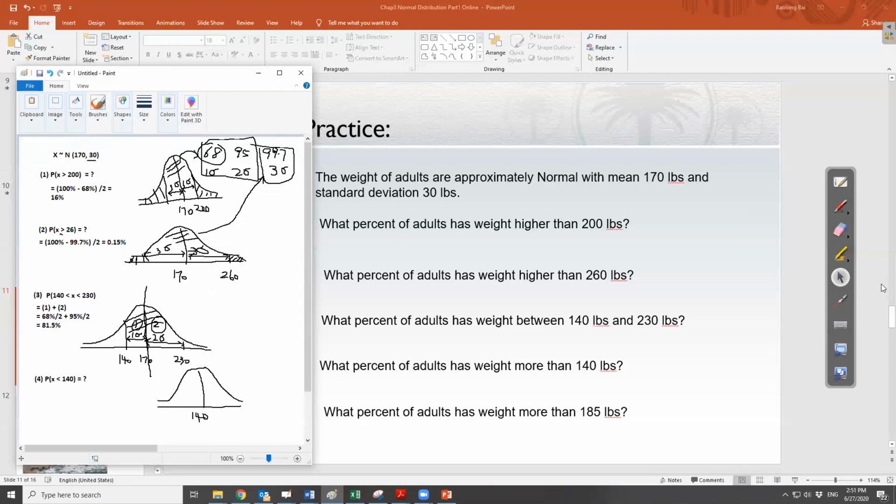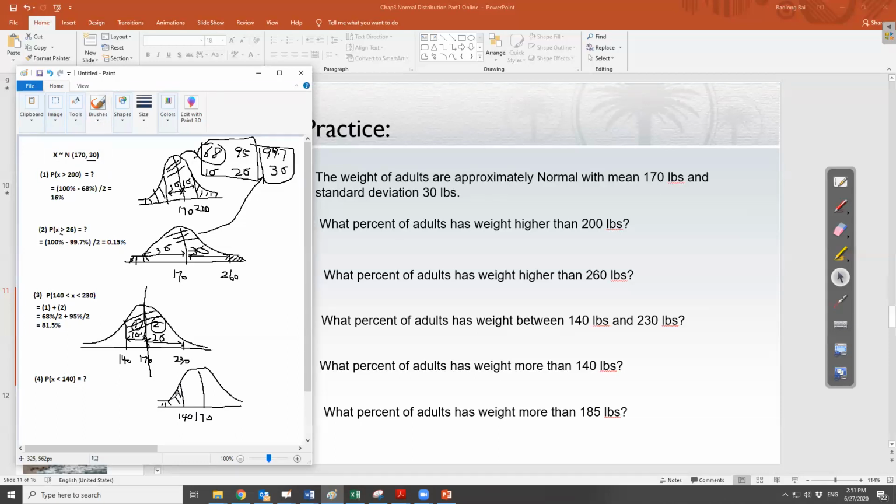This is supposed to be 170 for the center, not 140. So the population mean is 170. And 140 is a boundary somewhere, right? It will be to the left of the center. And then which side of the area are you looking for? You need to look at the sign, right? Smaller than sign means to the left. Smaller than.